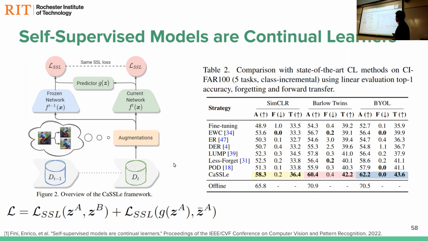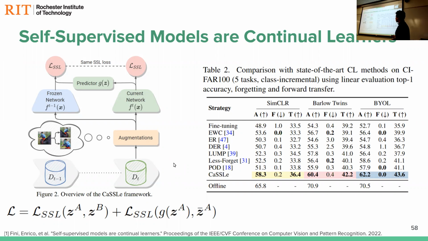That's the normal way to train your network. But what they do to deal with the problem of forgetting is that you will keep a copy of your network from the previous step. This T-1 is telling you it's a copy from the previous step when I was learning these different data sets.